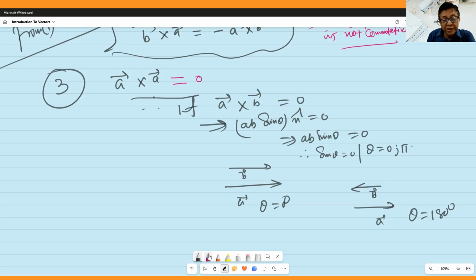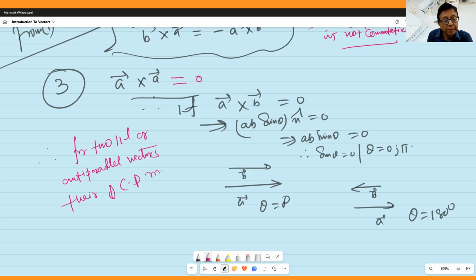The conclusion is, therefore, for two parallel or antiparallel vectors, their cross product must vanish.